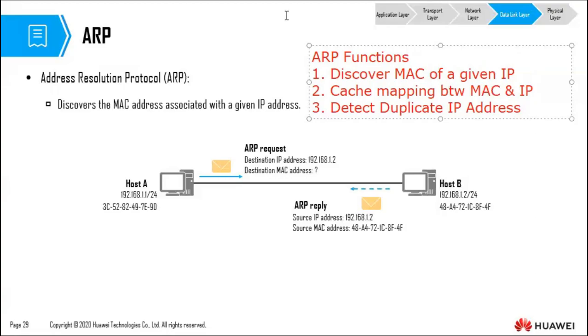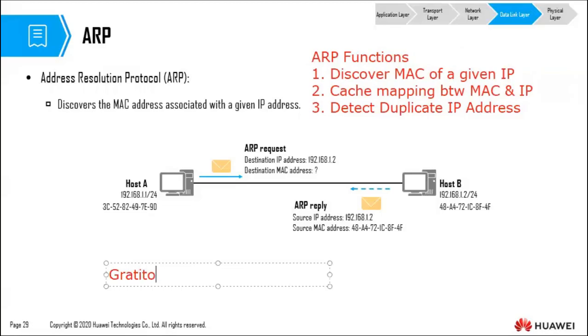Now, in case you make that mistake, your computer is not going to allow you, because when you configure an IP address, your computer sends out what we call a gratuitous ARP.